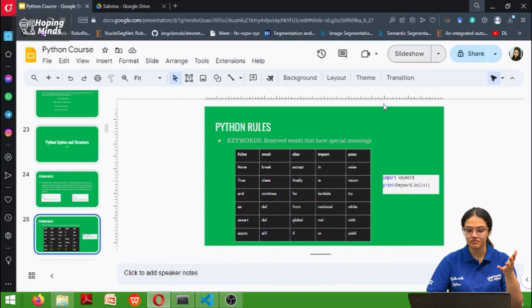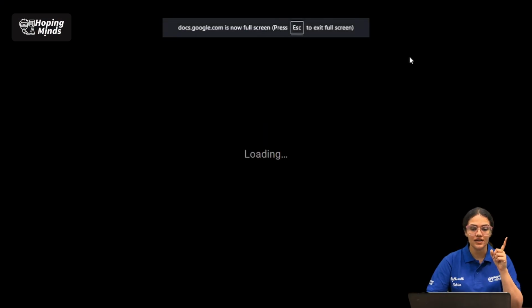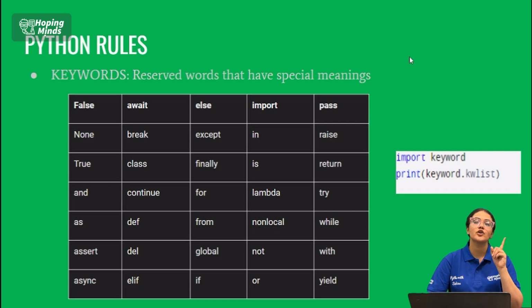Okay, right. So the first rule which we saw is your indentation rule. The next rule is your keyword rule, that you cannot use your keywords as your variables. This is the list of the keywords which we have, and you can just pause this video for a while.